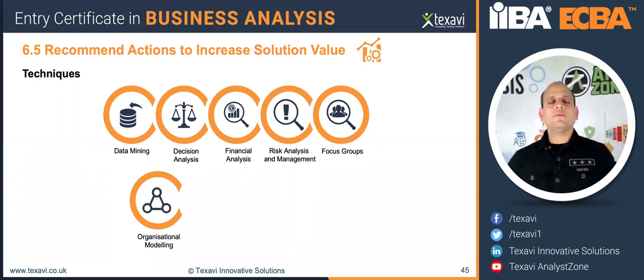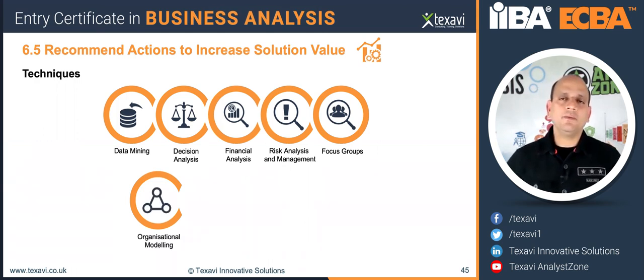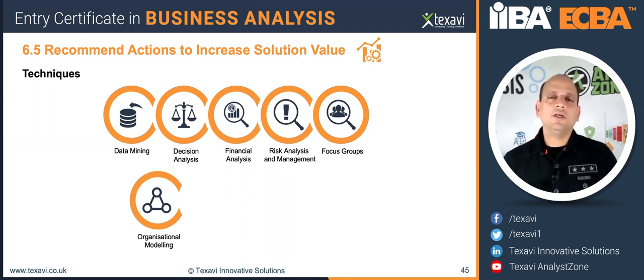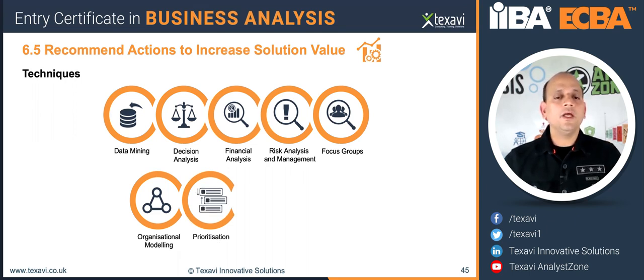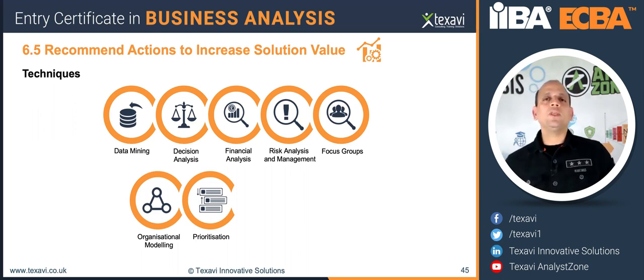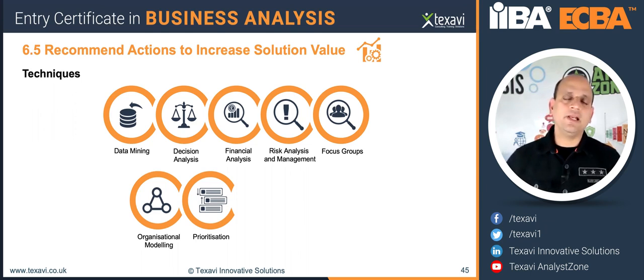Organizational modeling could be one of the ways that you have recommended, because you want to restructure your teams, come up with new ways of working, and have a different set of roles and job descriptions that would suit your profiles. So you would like to do a bit of organizational modeling there. Then prioritization, in terms of which ones to do first and which ones to do later.